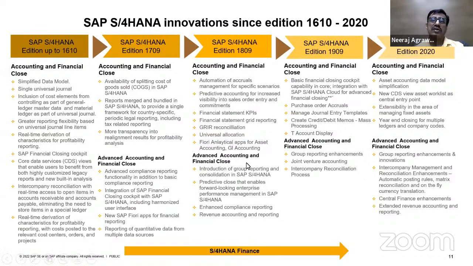Again, the accruals and those processes we have brought in. There is a new asset accounting data model for simplification, which is more robust, faster, and has better capabilities. GRIR reconciliations, universal allocations, and the list just keeps on going with so many functionalities that could be utilized in S/4HANA to make your life simpler and easier.